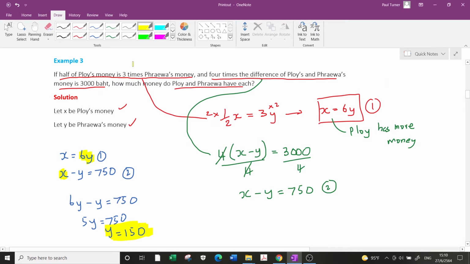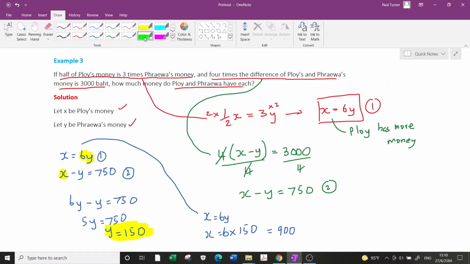Okay, so we can go back to find Ploy's money because x equals 6y. Therefore, x equals 6 times 150, which will give you 900. So that there is Ploy's money here. So x equals 900.